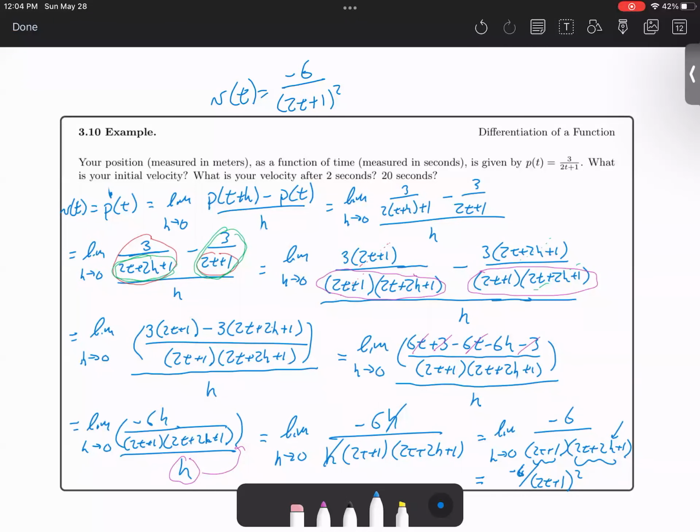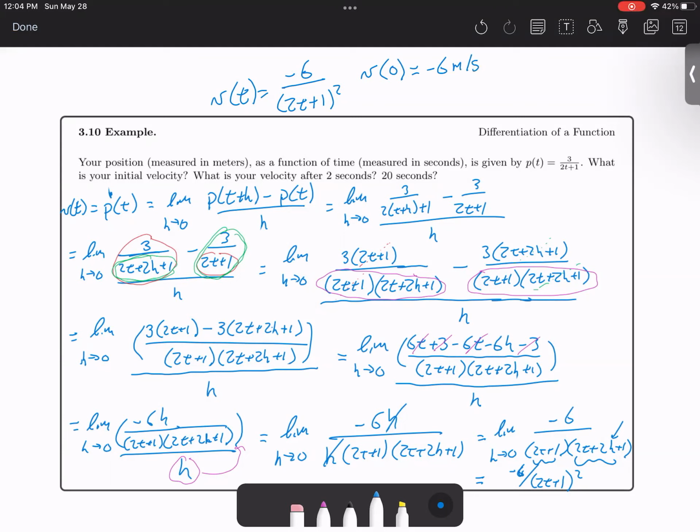All right, we should be good at evaluating functions now, so I won't go into a lot of detail, but if you take your velocity equation and look at it initially, so when time is equal to 0, your velocity equation returns a value of minus 6. So notice if your position was measured in meters and time is measured in seconds, then the rate of change of that would be meters per second, right? That's a velocity.